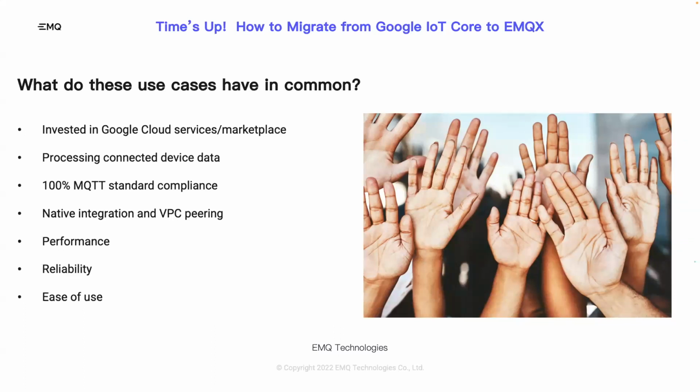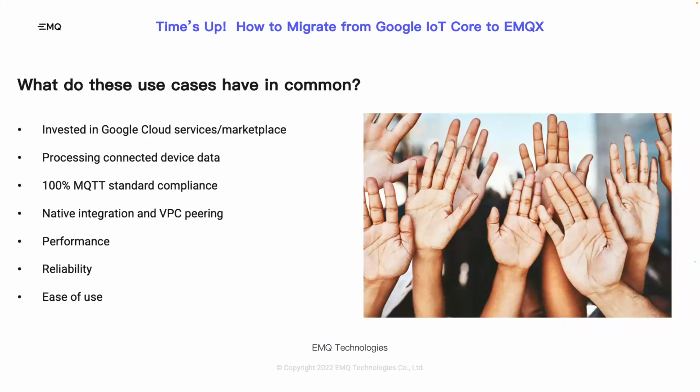And obviously, there are lots of different things that Google Cloud provides. So specifically, you're looking for an alternative that's going to allow you to process connected device data, specifically over MQTT. That's the core of Google's IoT Core service. So MQTT standard compliance is pretty important. You'll get different varieties of that compliance depending on who you look at.